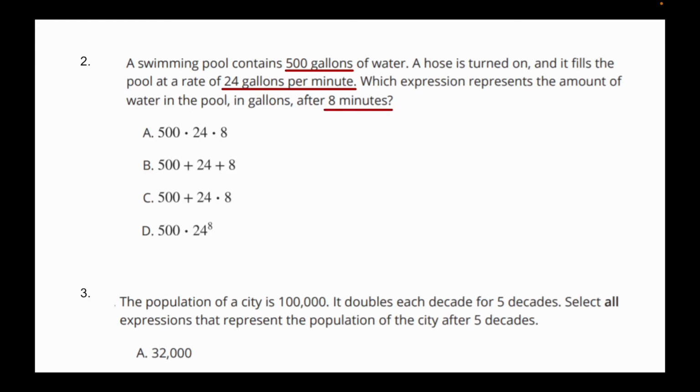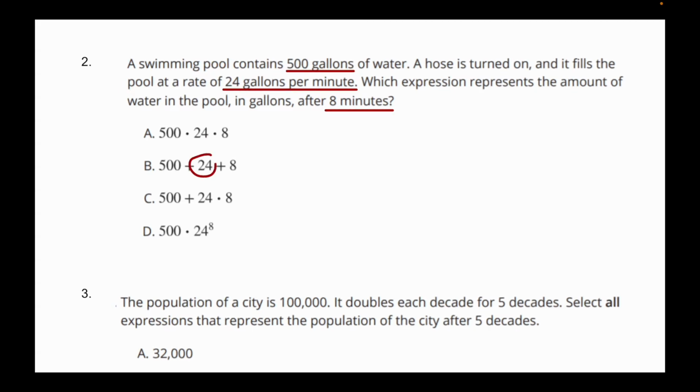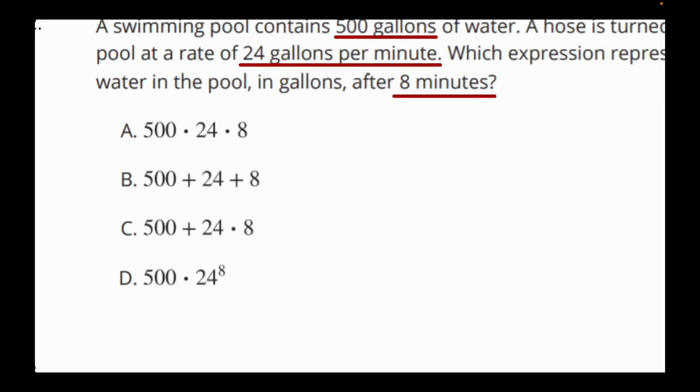This is going to represent a linear function because I am not going to use exponents. I am just going to use the 500, and then I'm adding 24 gallons for every minute, for 8 minutes. I'm not going to add 24 and then add 8. That wouldn't make sense.